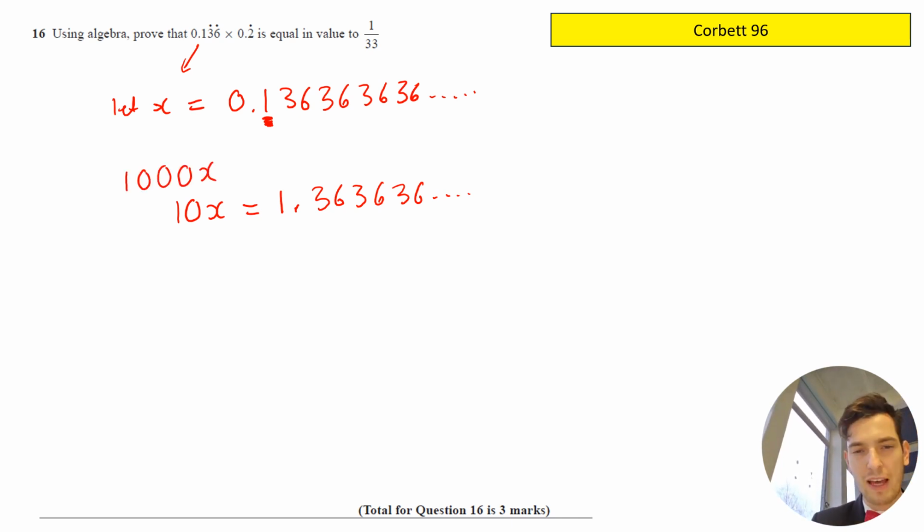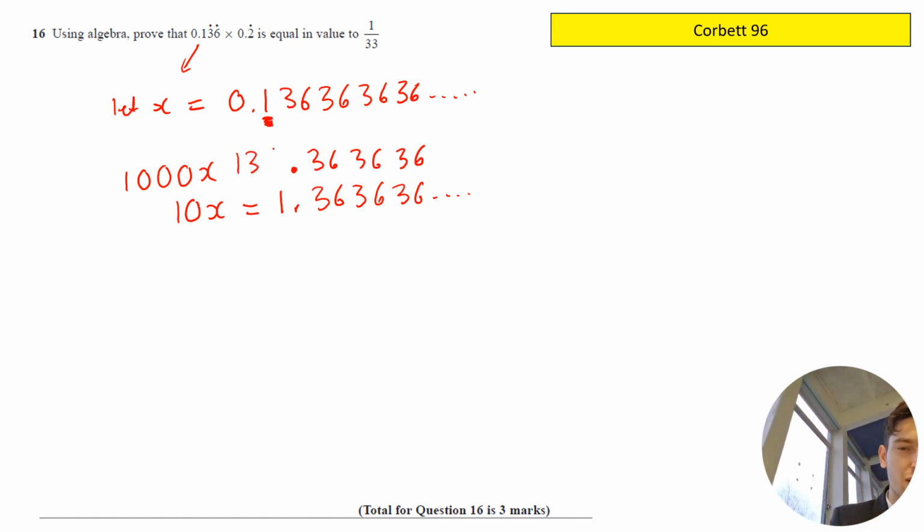The reason is that if I want the same recurring pattern after the decimal, 36, 36, 36, I need to multiply the 10x by 2 decimal places, or by 100. So 10 times 100 is 1000x.